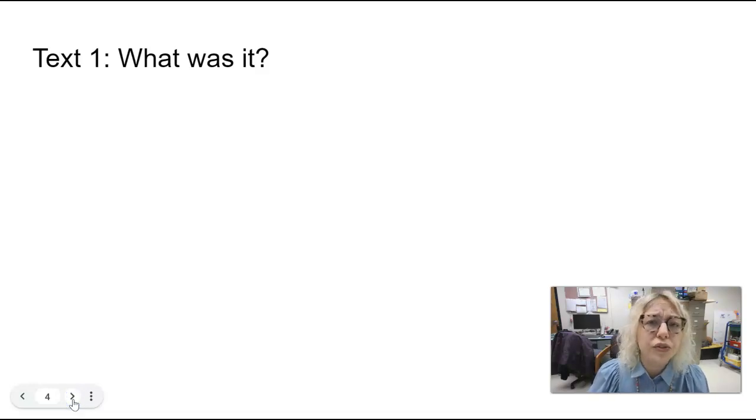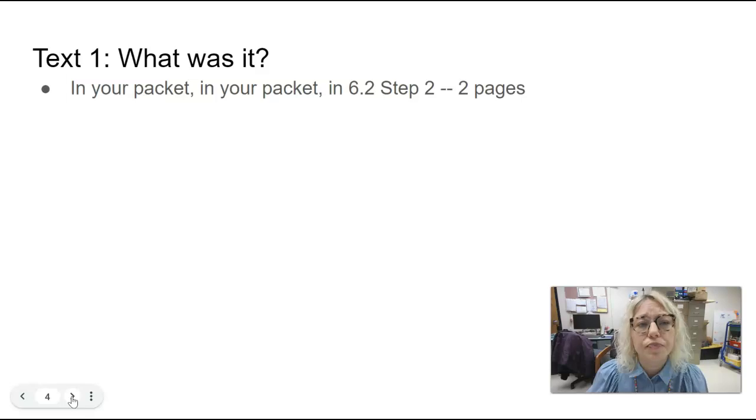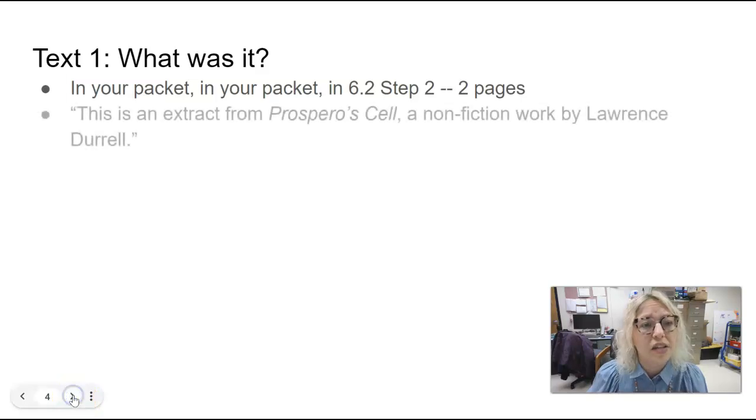All right. There were 2 texts in 2021, as there always are for Paper 1. And the first text is in your packet. It's 6.2 Step 2, and it's 2 pages long, and you'll see a 1 at the top of the page. And then you'll see the words, this is an extract from Prospero's Cell, a nonfiction work by Lawrence Durrell.